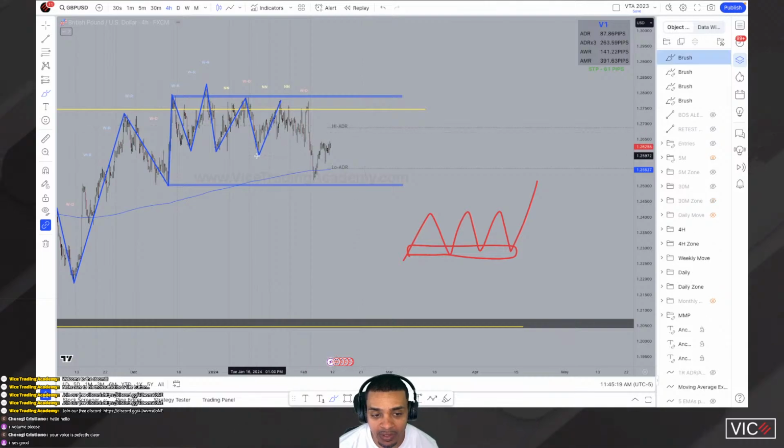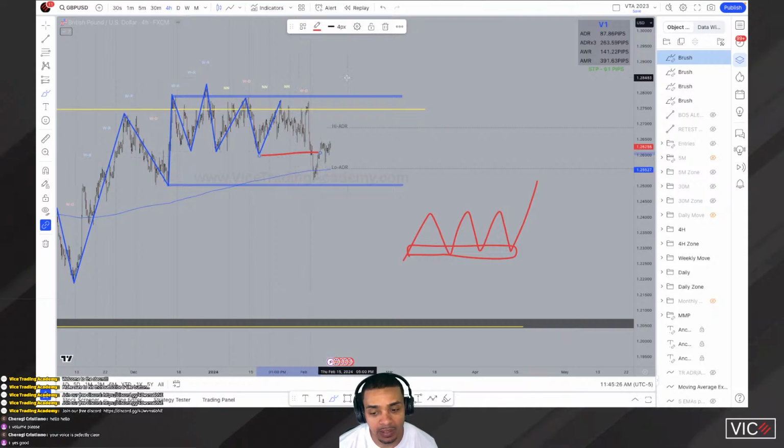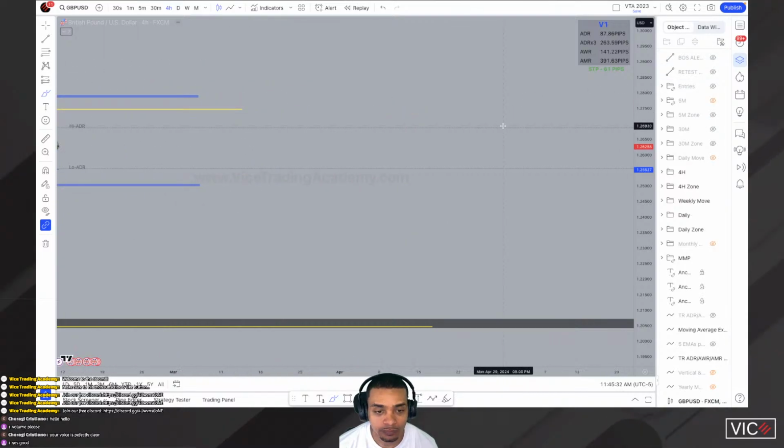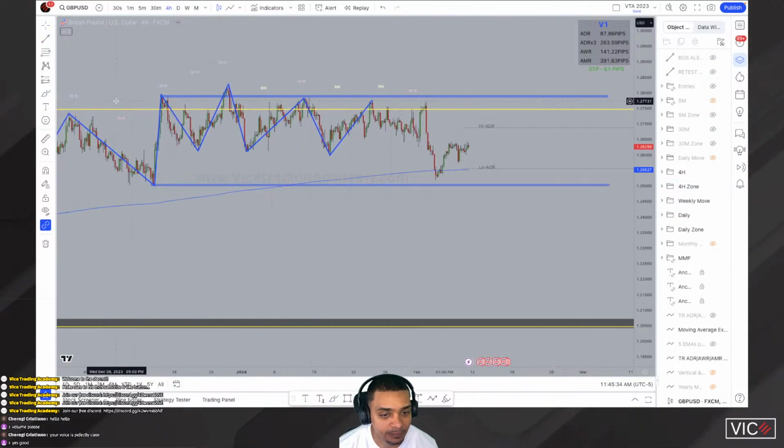So just understand what happened here. They swept people, right? Liquidity grab, liquidity sweep, however you want to call it, right? And then it's pushing up. So we're trading in the right zone. Everything looks good.